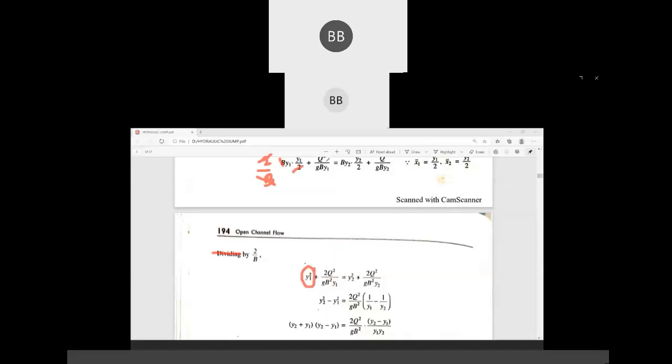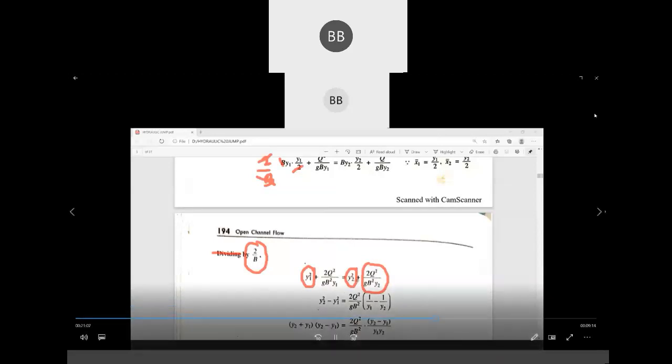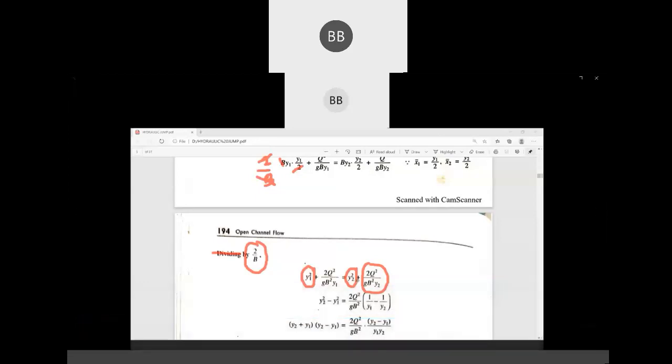The next term also we have to multiply by 2 by b, so that is why twice Q square divided by g b square. Here is already one b and here we have already one b, so it will be b square y1. Similarly here also y2 square plus twice Q square by g b square y2. Now what we did, we bring all the y values to the left hand side and other terms to the right hand side.